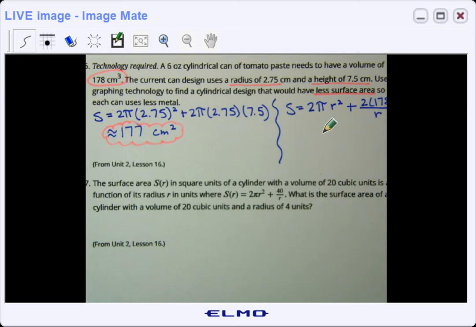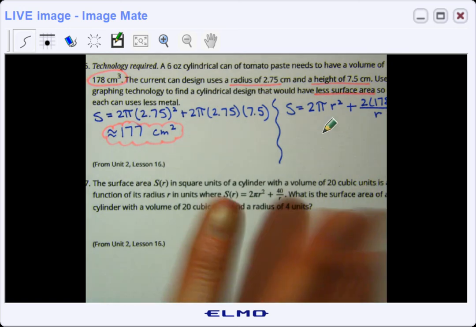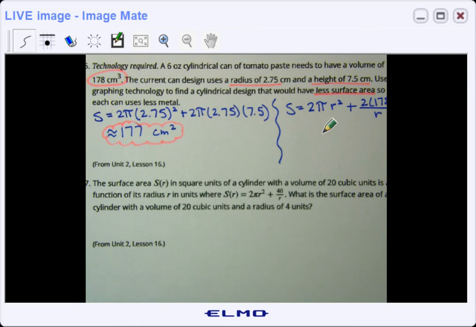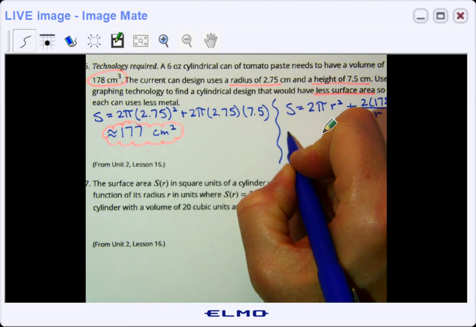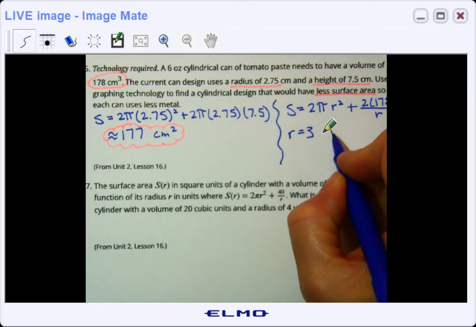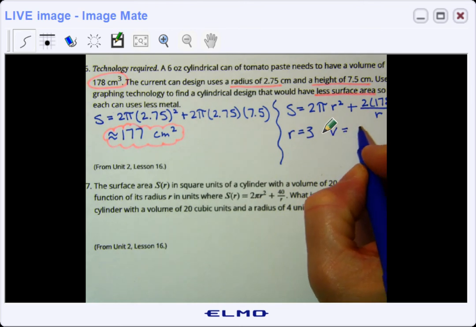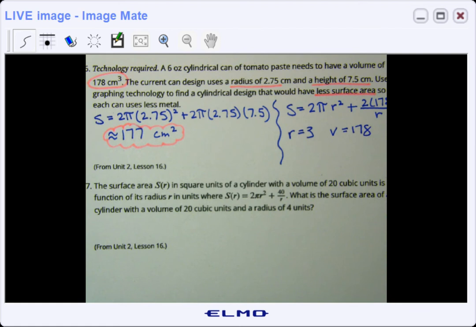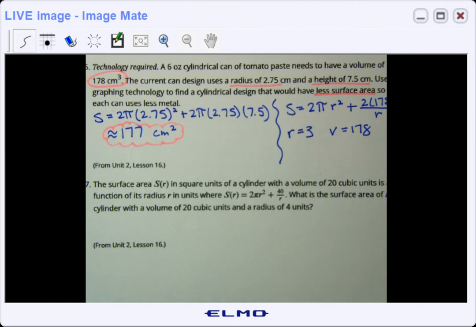Okay. So if the radius is 3 and the volume is 178, then what would the height of the new can be? Remember, volume equals pi r squared times the height.